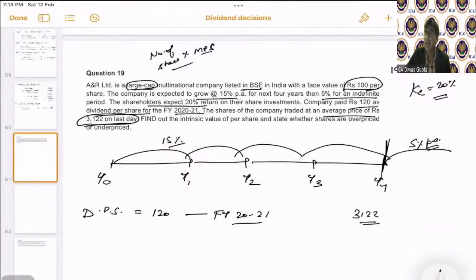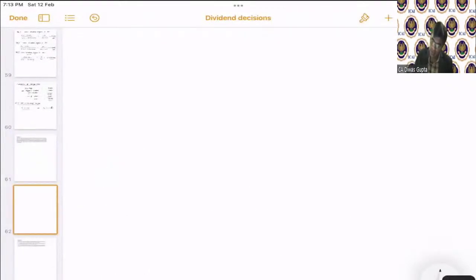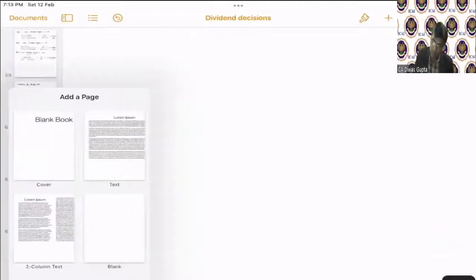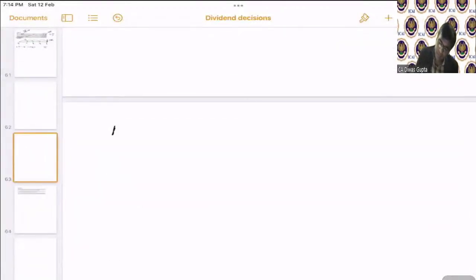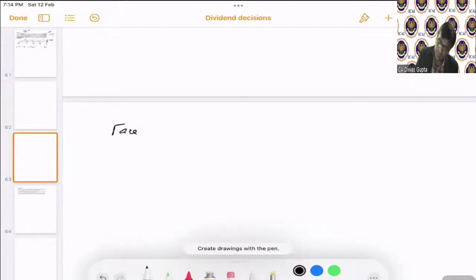Now, let me jump to one new topic from this, which anyways was part of my discussion today. I am holding the question here and I'm coming to a new topic. The face value is 100. The market price is in the range of, let's say, 3200.